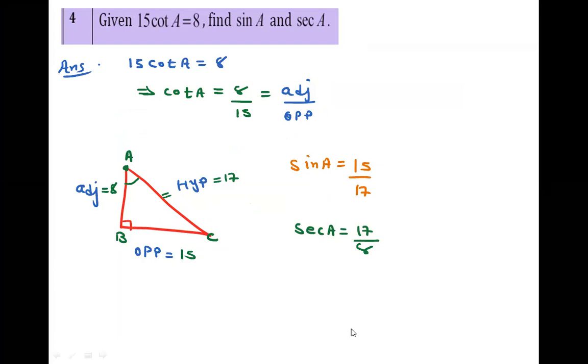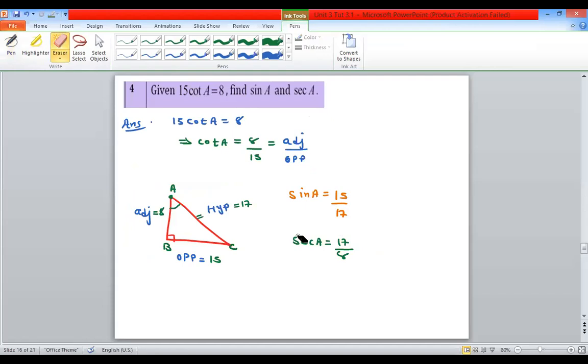For this, you must remember the formula. If you are not able to, first of all you can find the value of cos. If you have no idea about sec, find the value of cos. Cos is just 8 upon 17. Take the reciprocal, you got sec. So sec A is 17 upon 8.